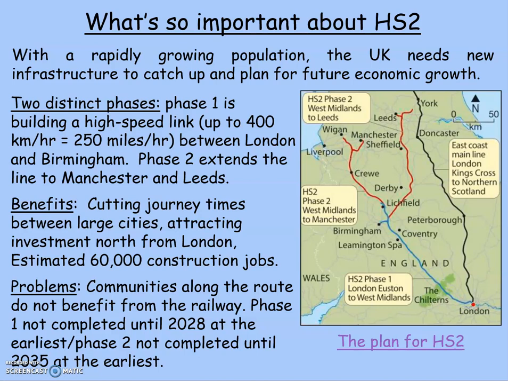It's also going to take a very long time. I just updated this: they don't expect phase one to be completed until 2028 at the earliest, and it's likely going to be later than that. Phase two will not be completed until 2035 at the earliest. So it's 15 years from now, but it may even be 20 years.